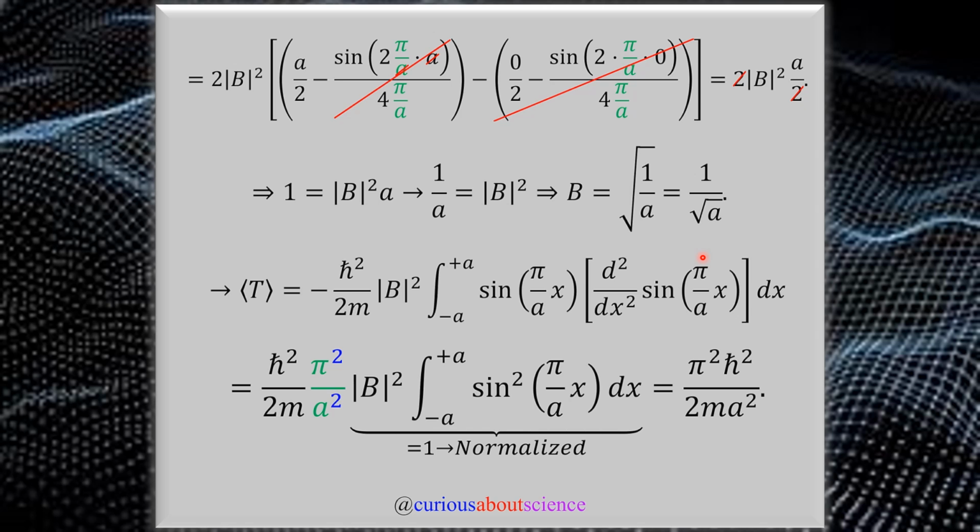Again, we're going to use the segue from the fact that we have two derivatives here, and that in the sine cosine relationship, we end up with the negative somewhere. So the negative from the derivatives cancels out with the negative from the kinetic energy operator, and thus we just get another chain rule factor here twice. So pi squared, a squared, and then we see that b squared with our original function equals 1 since we normalized it.